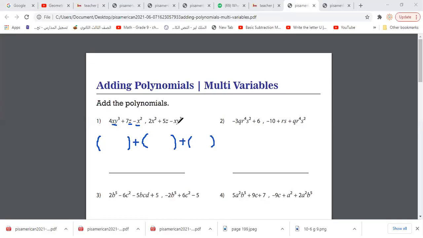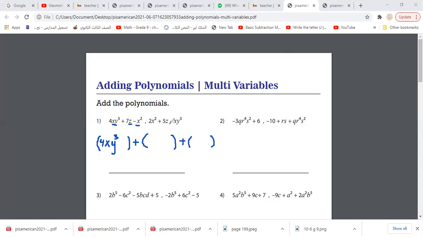Now we will add the terms with the same variable and degree. So I have 4xy to the power of 3. Do we have another term with xy to the power of 3?